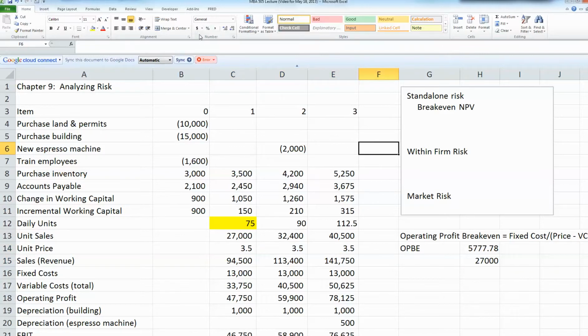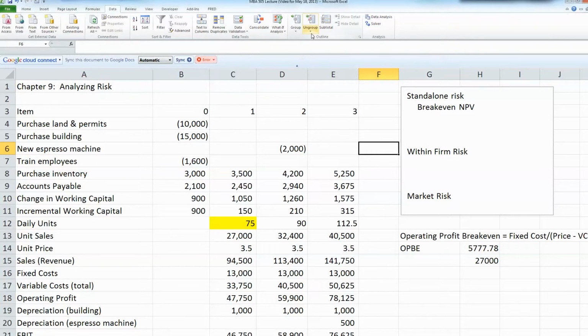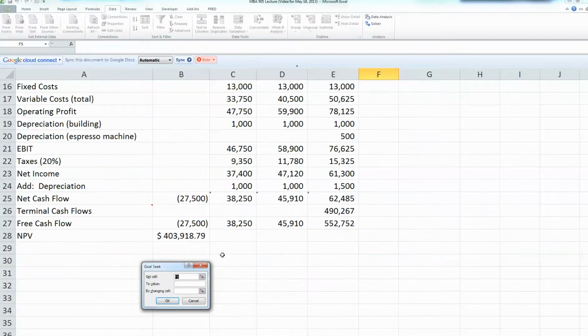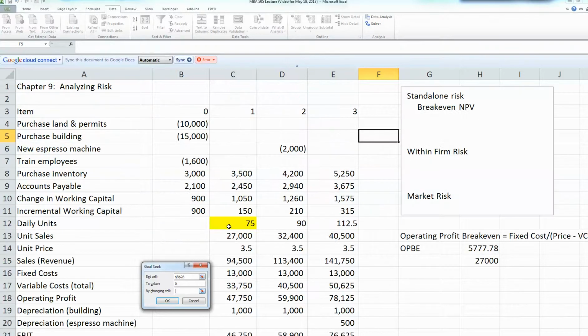And I can use the Goal Seek function to do this. So I go to What-If Analysis, and I don't know, for some reason it's not active. There we go. I will go to Goal Seek under Data, What-If Analysis, and I want to set the net present value calculation to 0 by changing my number of daily units sold in year 1.